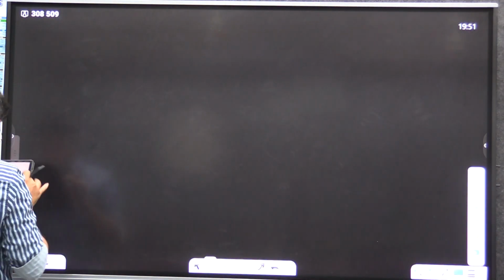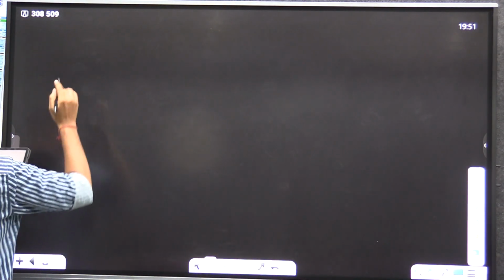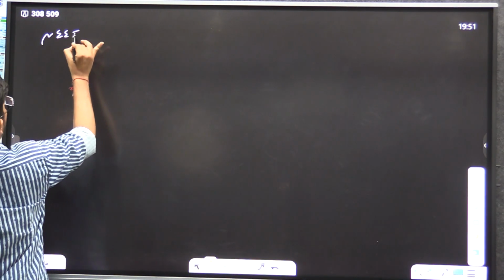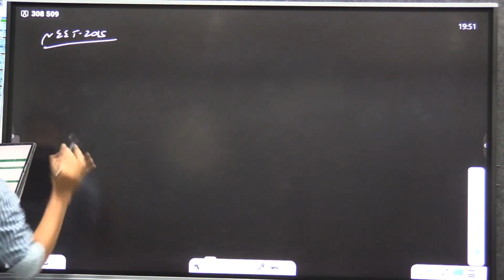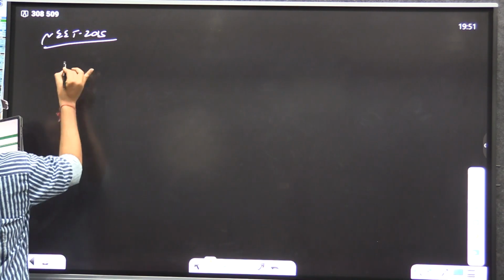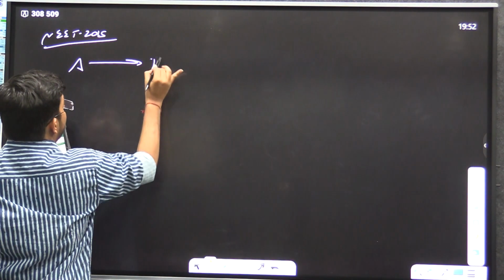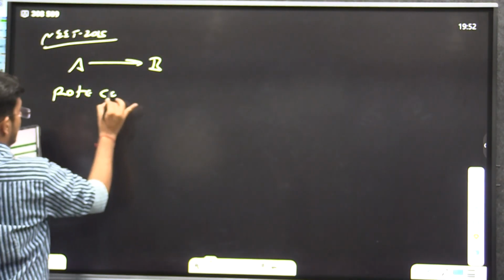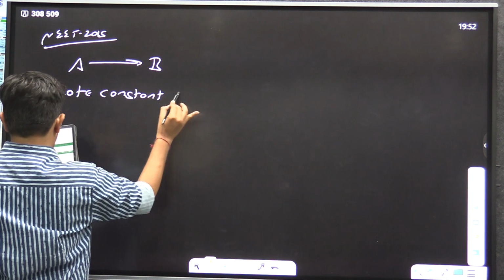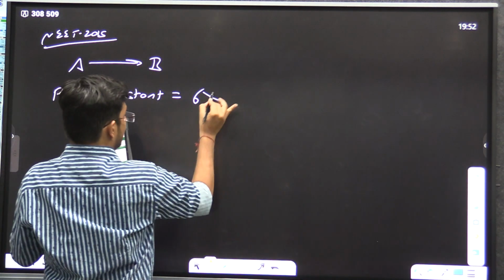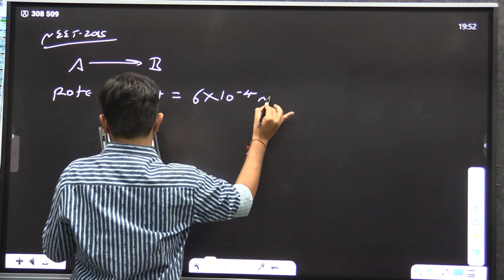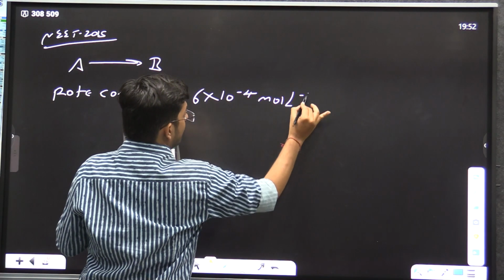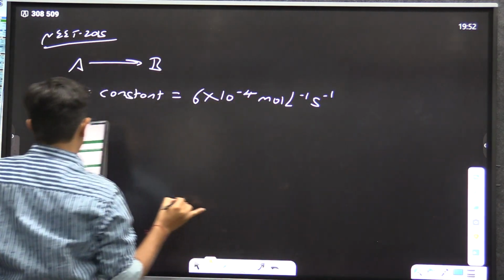Coming to the next question. Next question we have. This question was asked in NEET 2015. Okay. The question says a reaction A changes to B having the rate constant 6 into 10 to the power minus 4 moles per liter per second.